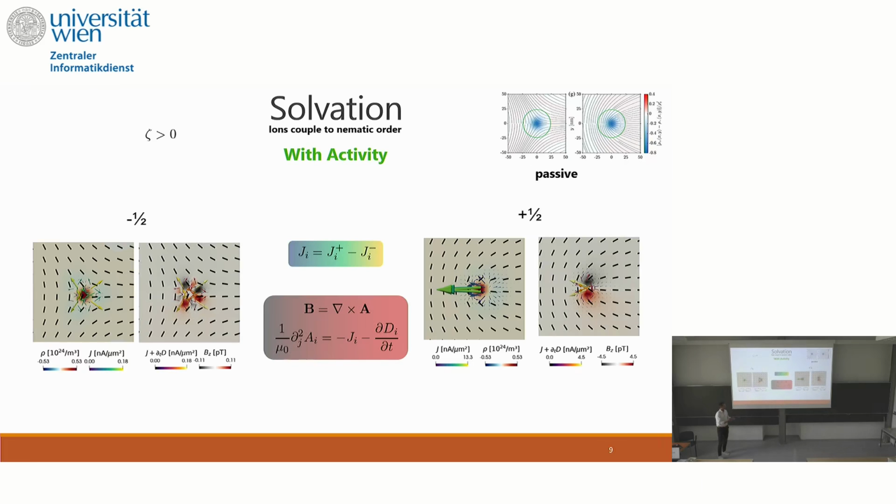I'm calculating the magnetic field with these equations, in 3 dimensions, and then I'm plotting here only the component in the plane of the nematic. The red color represents the component that goes out of the plane, and black the one that goes into the plane. So it's like we have a very short wire in this case.